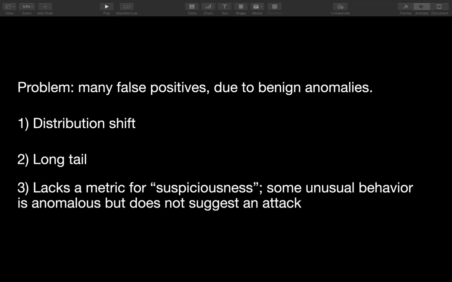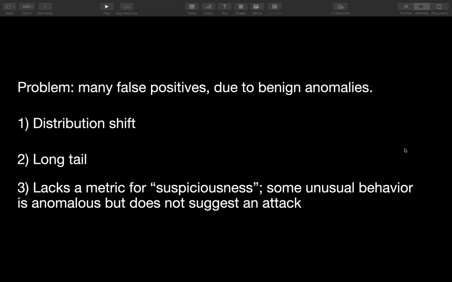Third that I want to talk about is that anomaly detection has no notion of what kind of events should raise your suspicion of an attack. Like which ones have an indication or a sign of malicious behavior, as opposed to something else that's unusual but not malicious, like a configuration error or some change in the underlying process.